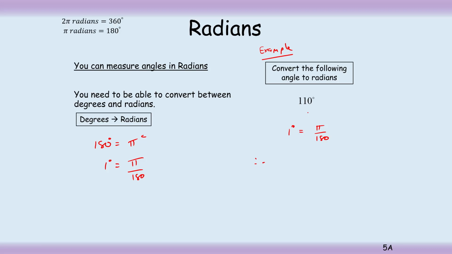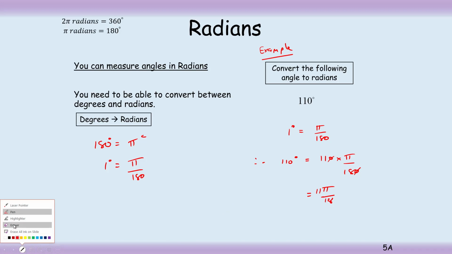Therefore, if we multiply it by 110 on this side, we've got to do the same on the other side. The zeros cancel and nothing goes into 11 and 18. So that leaves us with 11 over 18 pi. Good. So hit pause, make some notes. When you're ready, hit play again.